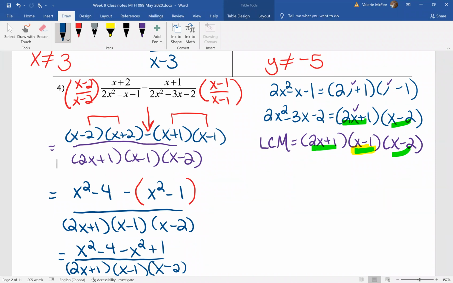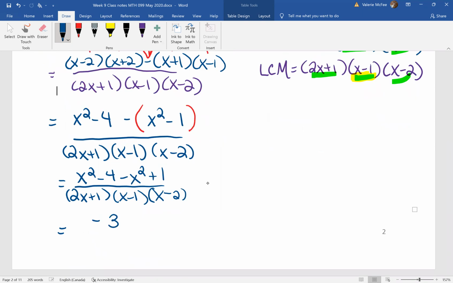This simplifies then to -3 all over our lowest common multiple of the denominators in factored form.